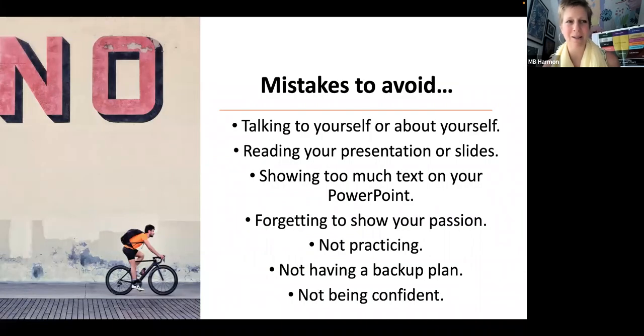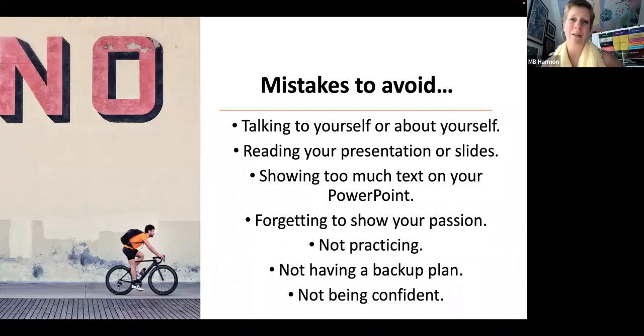And the last one, sorry, was not being confident. Not being confident. Okay? So yes, I know it's very nerve-wracking to present. It's very nerve-wracking to present in another language. Okay? However, just like we said before, if you're accepted to give a presentation, they are excited about you. They want to know what you have to share. The audience wants to know what you have to share.